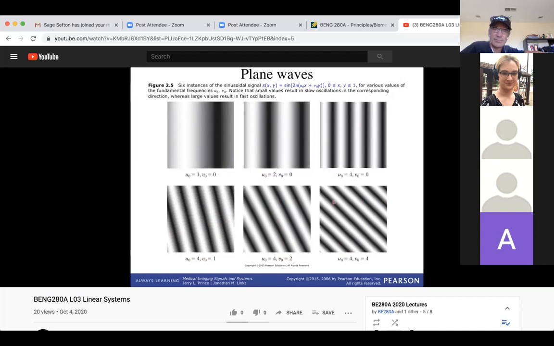And the really cool thing about MRI is that what you do to your object before you take data to image it is you impose one of these patterns on the object. So we create a signal that we're going to measure back, but before we measure our signal, we use magnetic field gradients to actually place one of these patterns into the object. And then we listen to the signal. If this has been placed in the object, you will get a different signal than this and this.